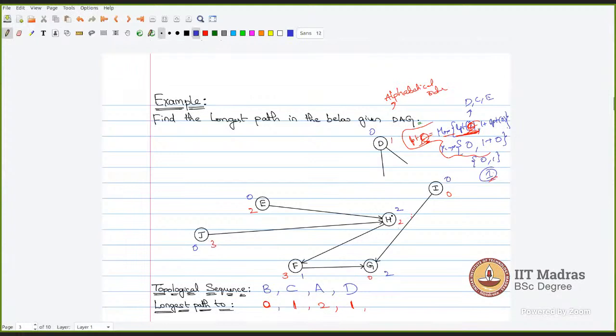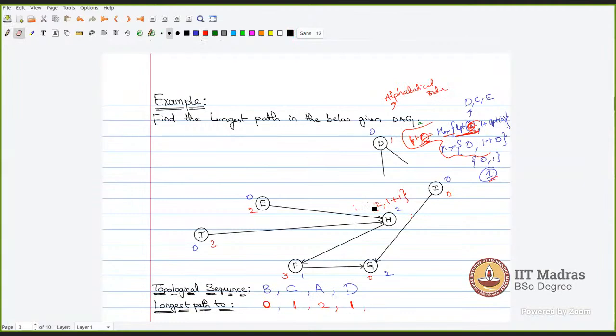Now coming to the red values, the red number. Initially it is 2. So this will be max of 2 comma 1 plus 1, that is 1 plus the longest path to the vertex, which we know. So this is max of 2 comma 2. What is max of 2 comma 2? 2 only.